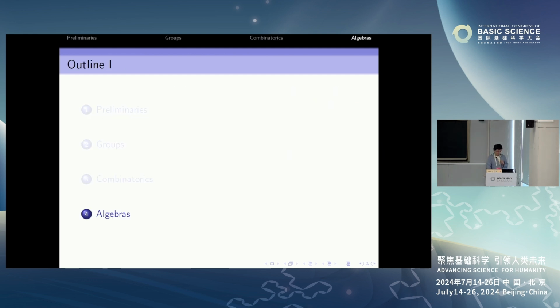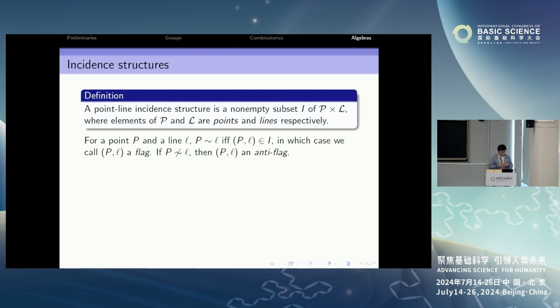Okay, finally, I will talk about some applications of algebra, introducing algebra into the study of finite geometry and combinatorics, where group theory does not work. So we start with the basic definition of incidence structure.